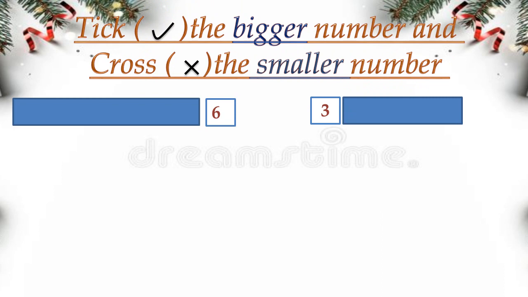Take the bigger number and cross the smaller number. See the first box, there are 6 stars. See the second box, there are only 3 stars. Which is the bigger number and which is the smaller number? 6 is the bigger number and 3 is the smaller number.